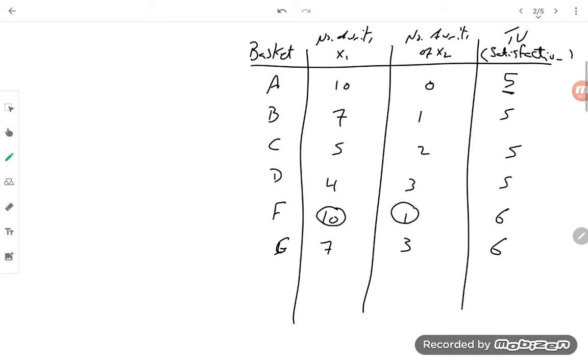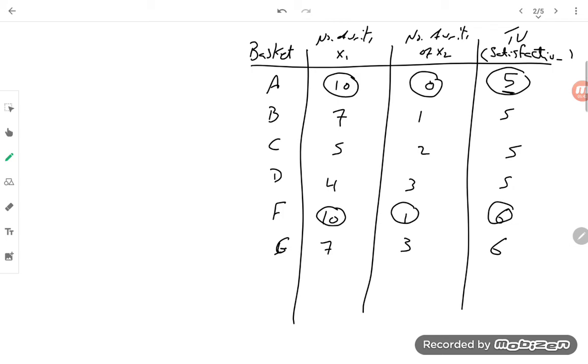So the total amount of satisfaction you are going to get is going to be higher than bundle A. As in bundle A, you are going to consume 10 units of X1 and 0 of X2, so you are going to get a satisfaction level of 5. But in the case of F, you are going to increase the number of units of X2 by 1. As a result, you are not going to get the same level of satisfaction but a higher one.